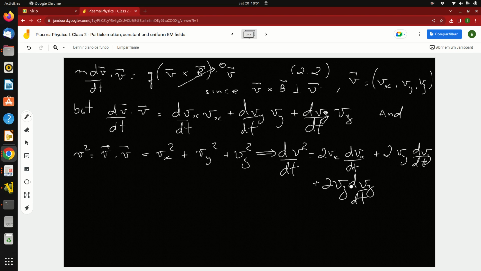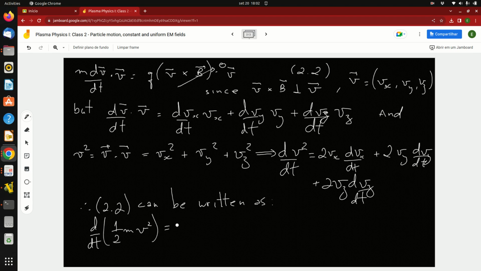So we see that equation 2.2 can be written as d/dt of 1/2 m v squared equal to 0, right?